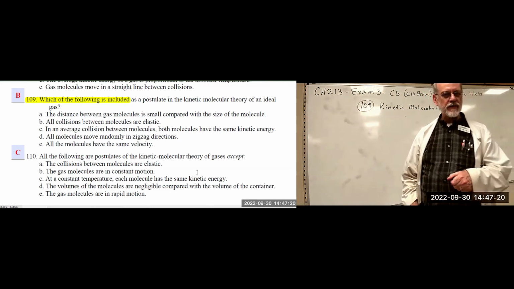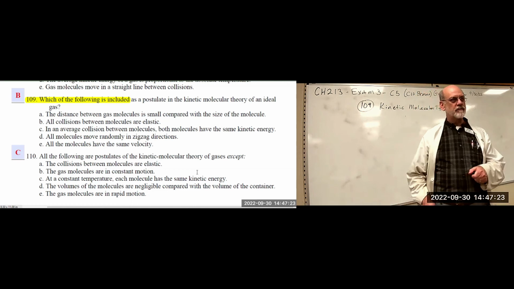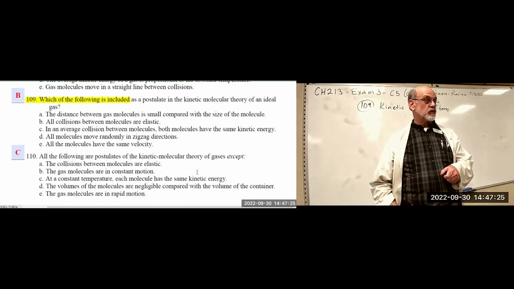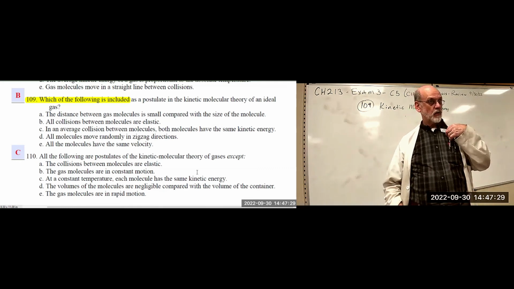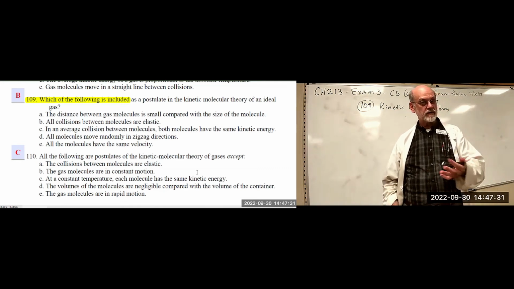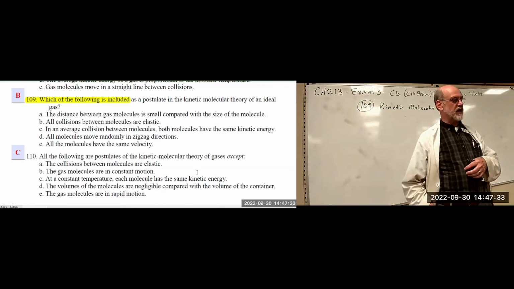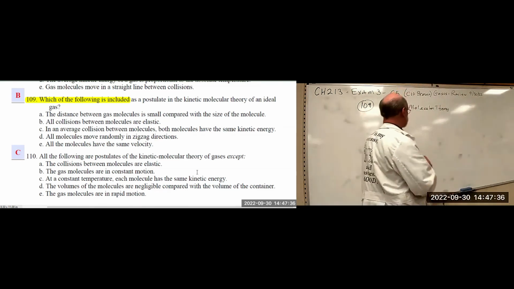All the molecules have the same velocity. Nope. There's a root mean square velocity that's sort of a weighted average for all the molecules, but they don't all have the same velocity. They'll have a distribution of velocities.